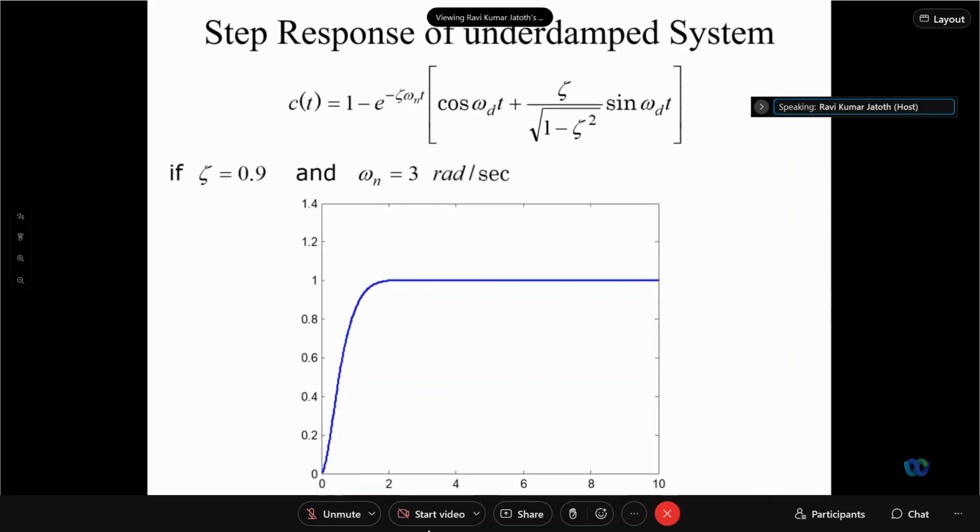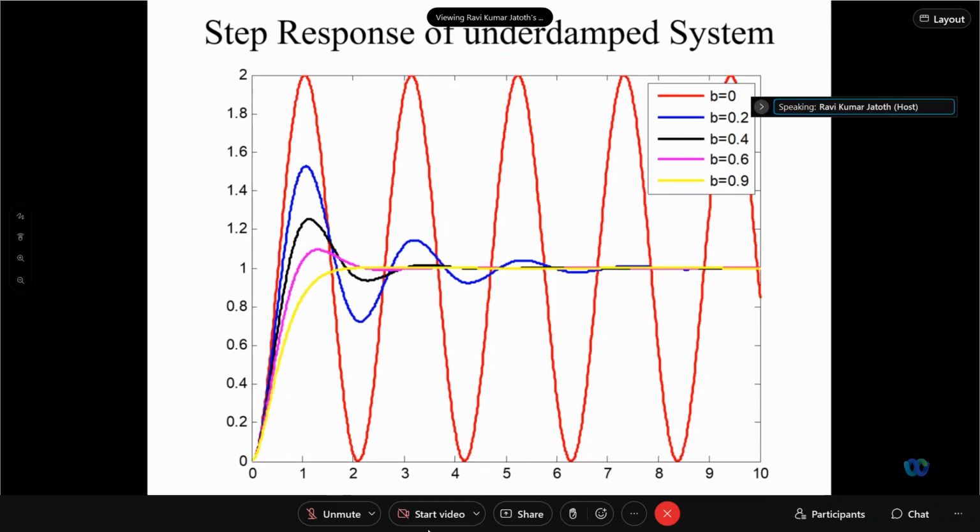When zeta is 0.9, omega n is 3, the system response is like this. So this is the underdamped system response. By varying the zeta value, you are going to get these responses. The yellow one, zeta 0.9, means you are getting a response like this.